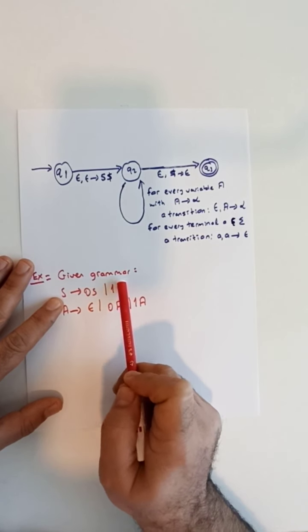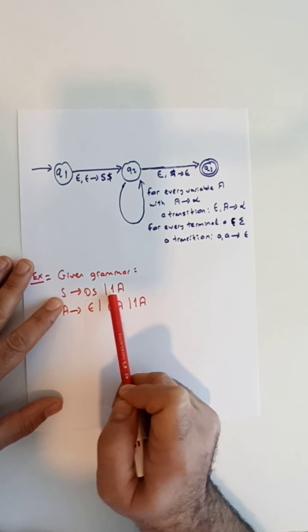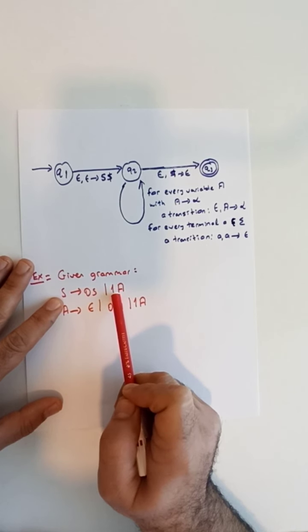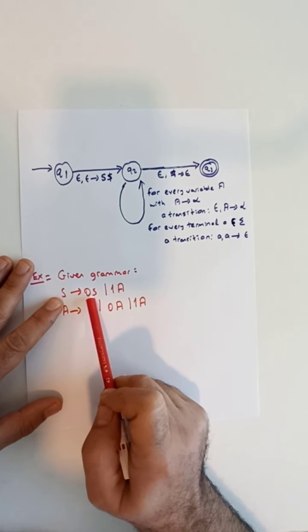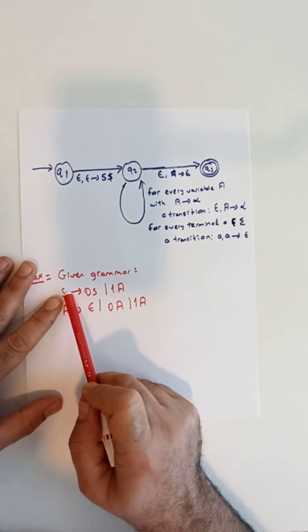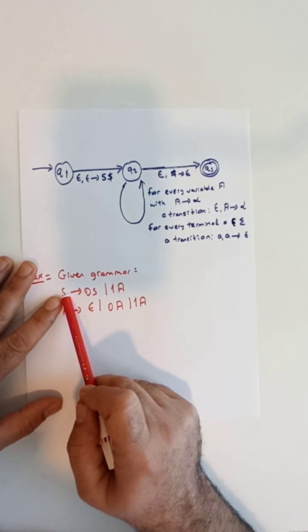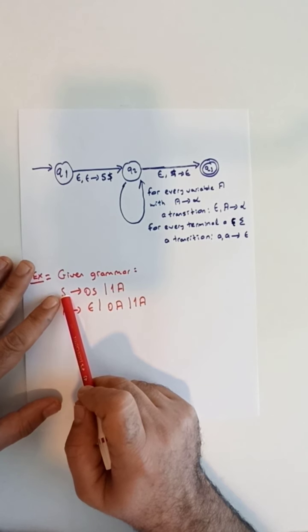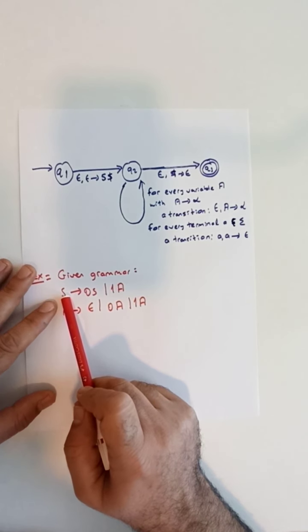Remember that A corresponds to any string and we are attaching a 1 at the beginning, or we have a 0 followed by the variable S itself. So basically S corresponds to all strings with at least one symbol 1 in it.